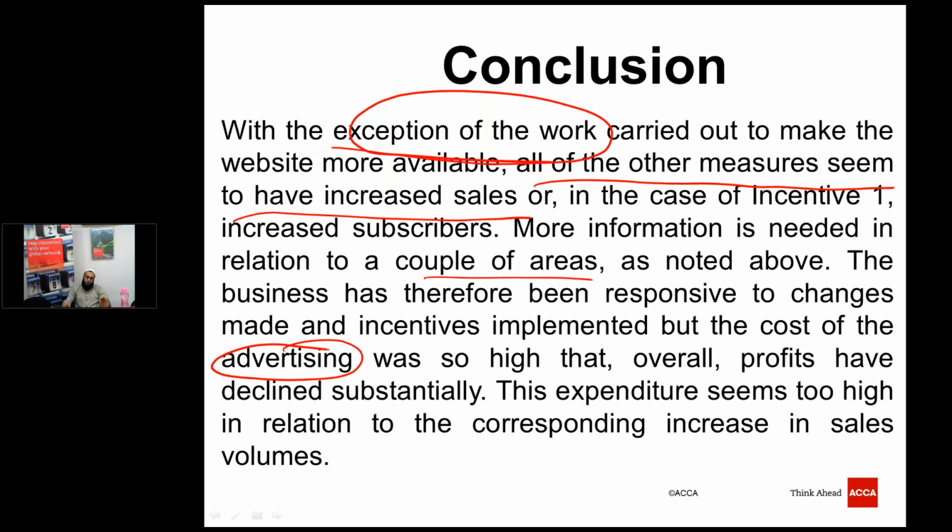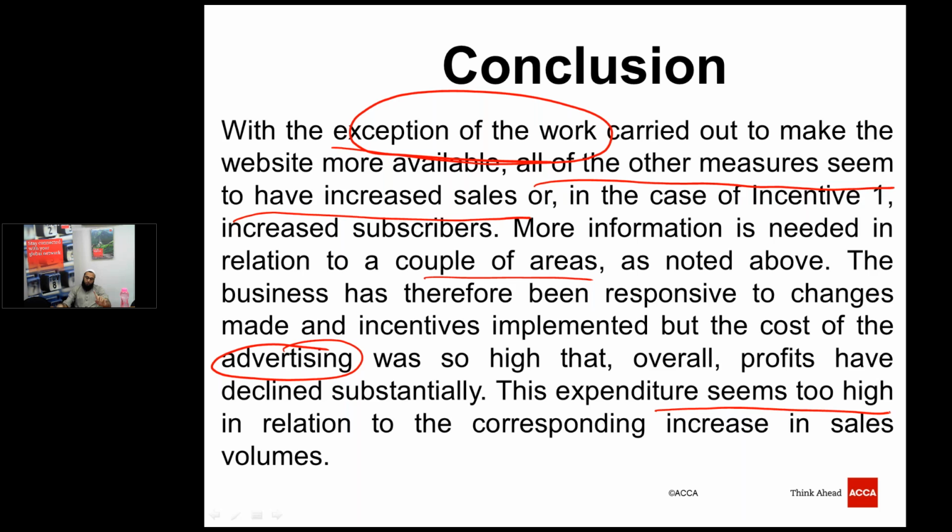Got it? So this was the most important point here that you had to make, that advertising was not at all cost effective. That was done through the magazine link, and this expenditure was too high. Guys, is this clear? So this is how we conclude.